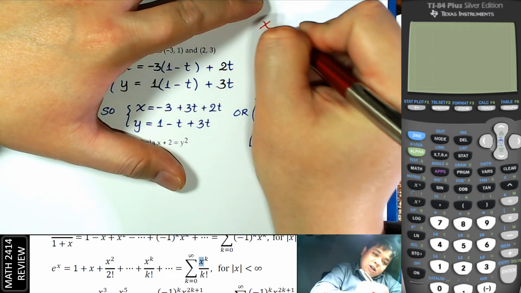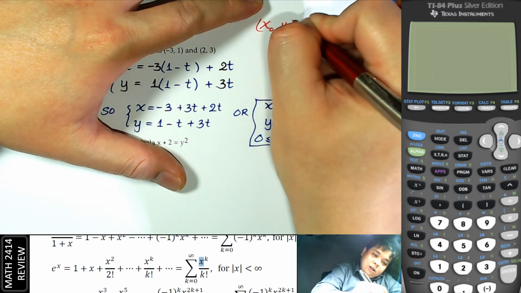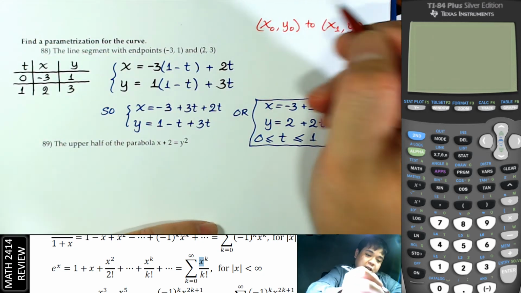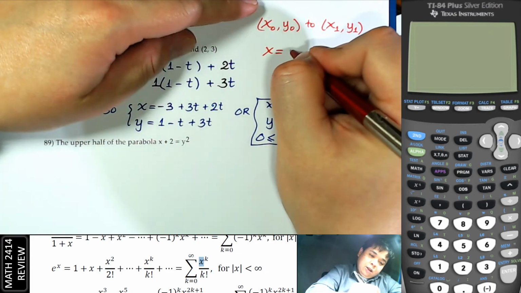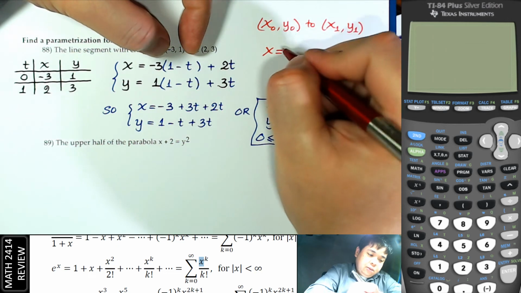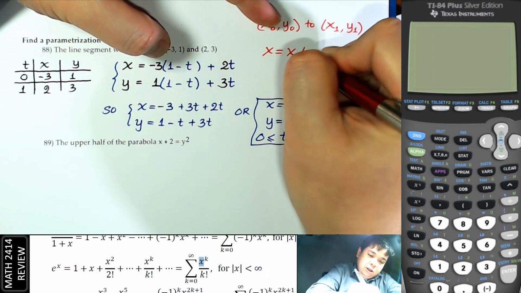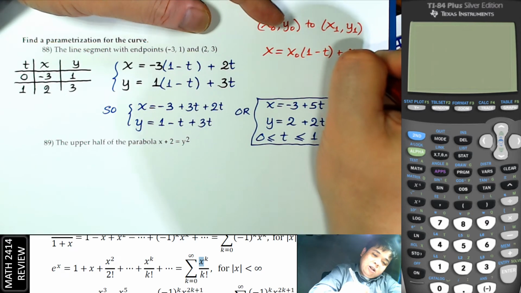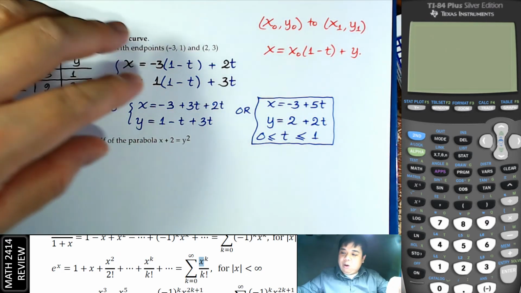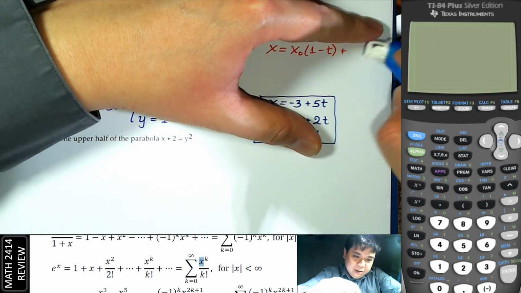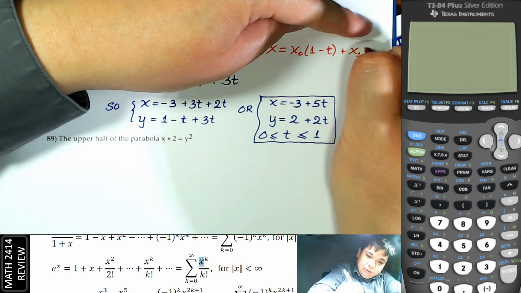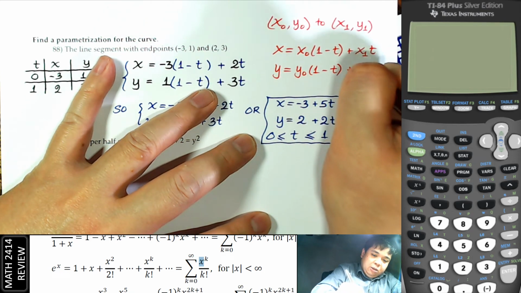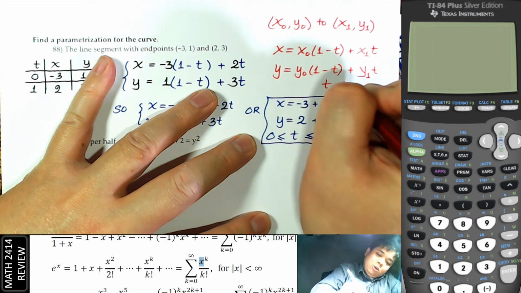So if we want to go from x naught, y naught to x1, y1, the line segment, one way to do that is x equal to x naught times 1 minus t plus x1 t. y equal to y naught times 1 minus t plus y1 t, t between 0 and 1.